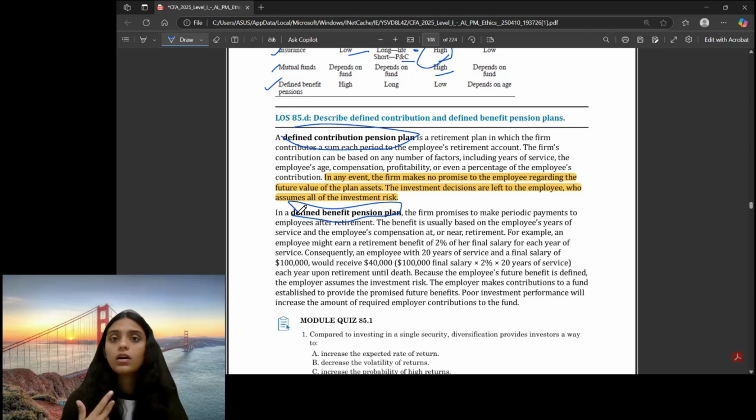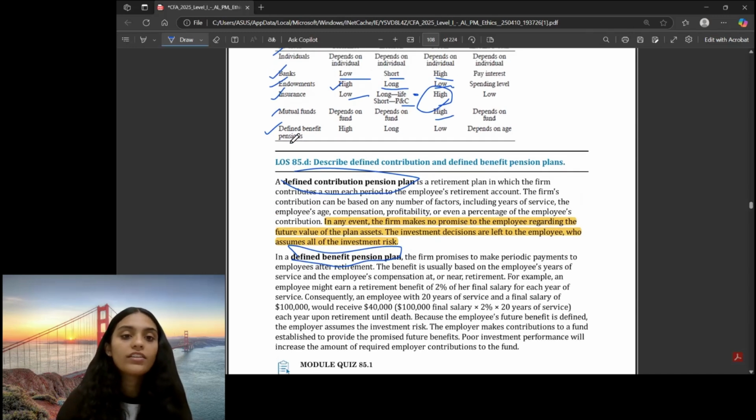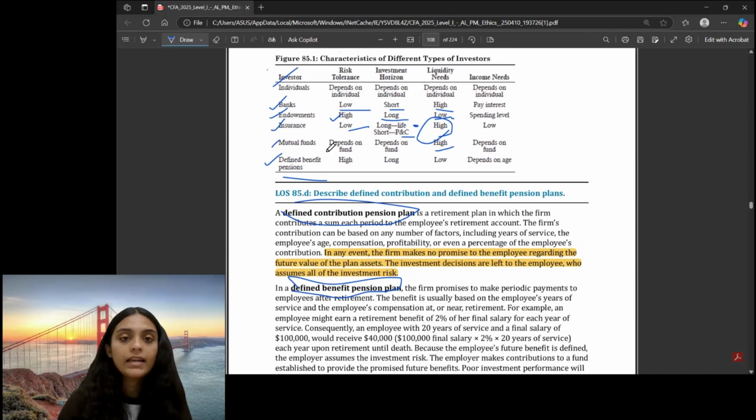Regardless of how the market performs, the retired employee is going to get a certain amount, for example 10,000 rupees per month, that is fixed. Therefore, for a defined benefit pension plan, risk tolerance is very high, the investment horizon is long, and liquidity needs are low.